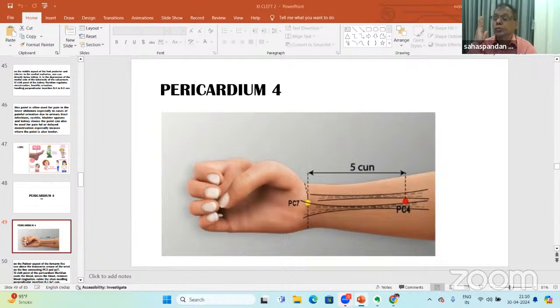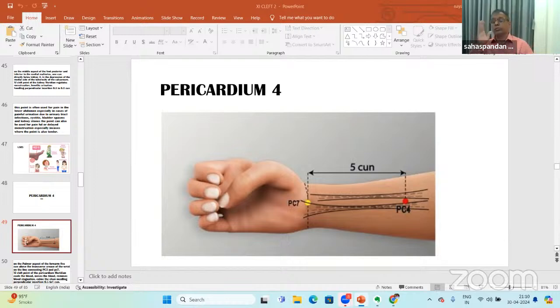It is used to clear heat from the nutritive level and stop bleeding. Nutritive qi flows in the internal organs. Any internal organ heat, and this stops bleeding.